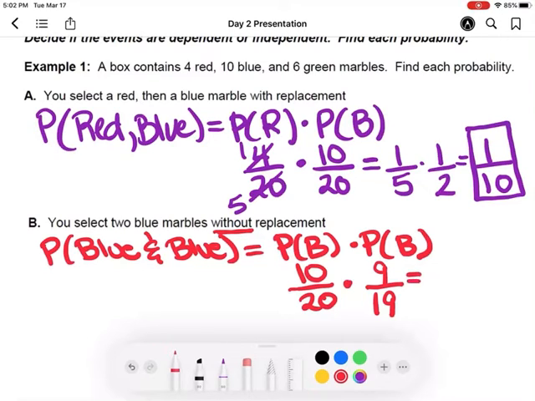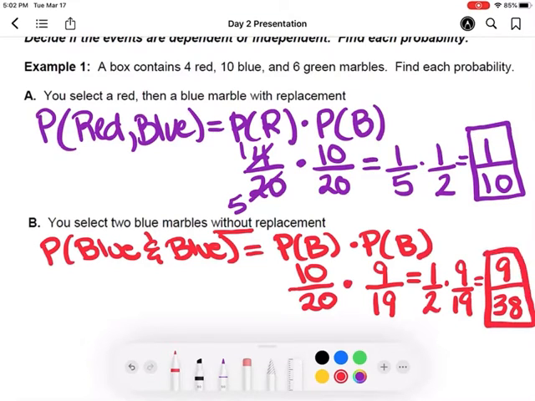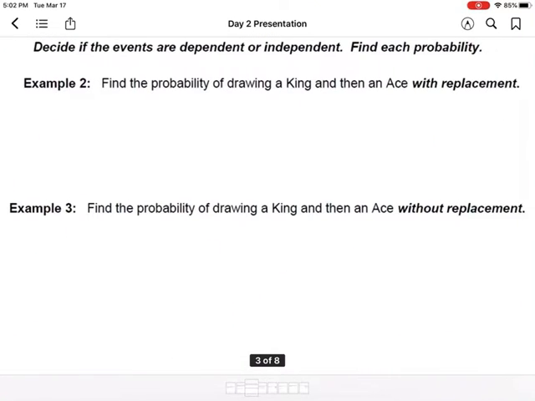So now we end up with 1/2 times 9/19, which is 9 over 38. We have a 9 in 38 chance of getting blue then blue, given that we didn't put that first blue marble back. Again, these are dependent events. Okay, let's move on to the next page.